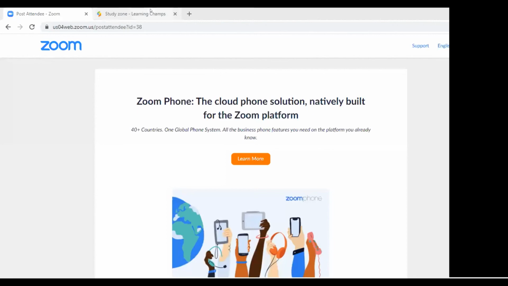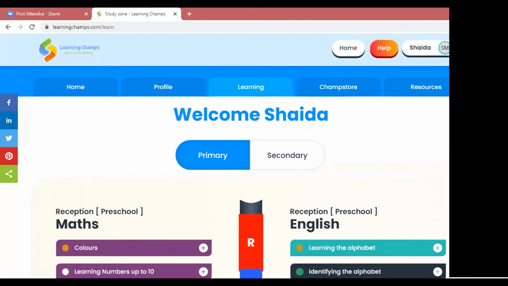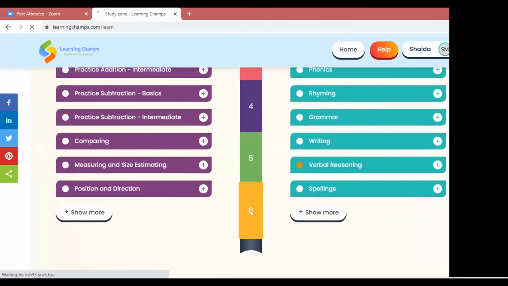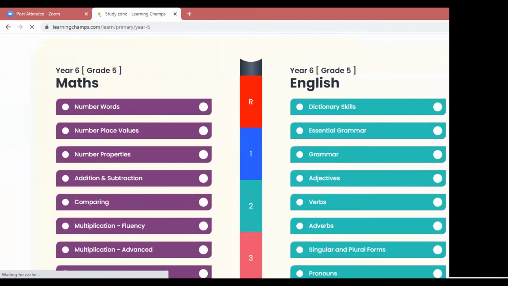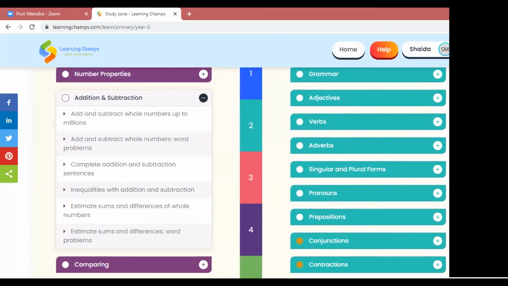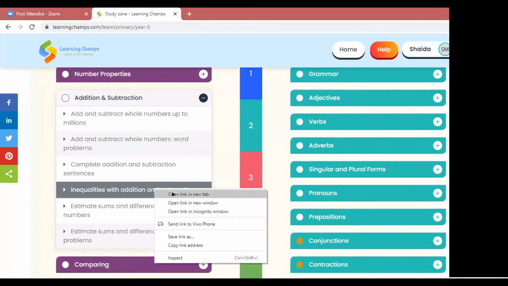And then you go to learning. You know how to go there, right? Select year 6. Under addition and subtraction, you select the fourth one, inequalities with addition and subtraction.